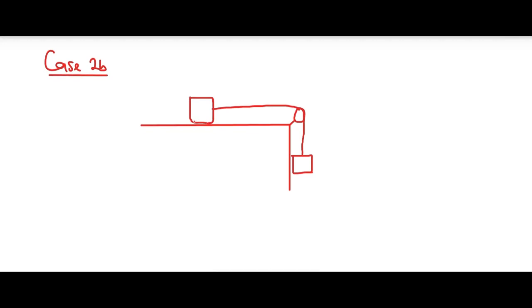For case 2b, we have the scenario having a pulley here, right? So upon the pulley is a string holding two masses, one at each of its ends, something of this nature, right?